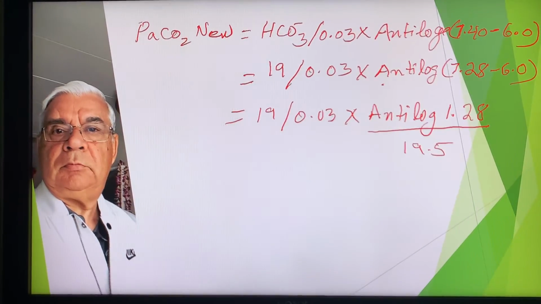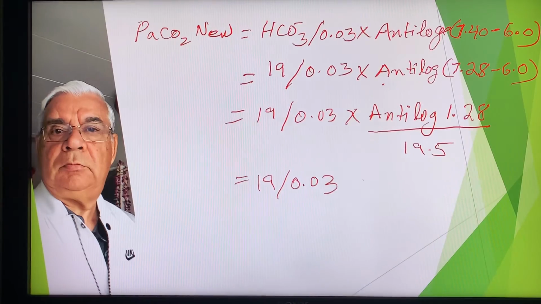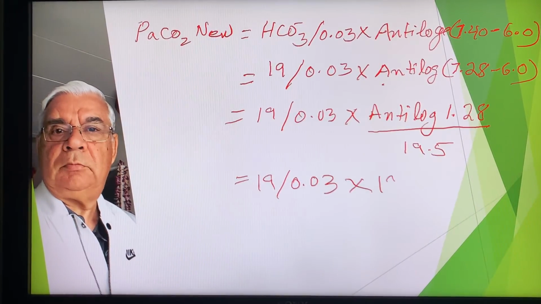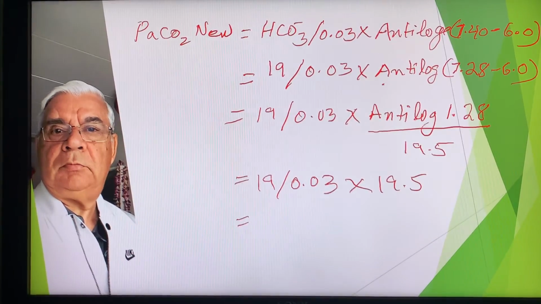So let's go. 19 divided by 0.03 multiplied by 19.5. If you find out the answer, what will be the calculation of 0.03 multiplied by 19.5?